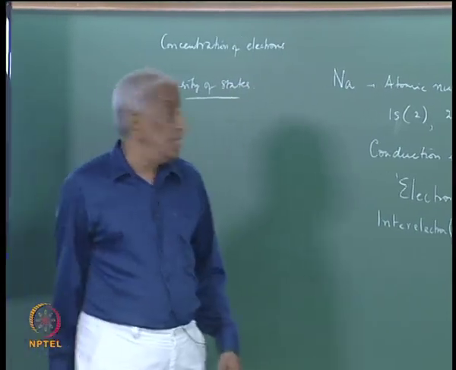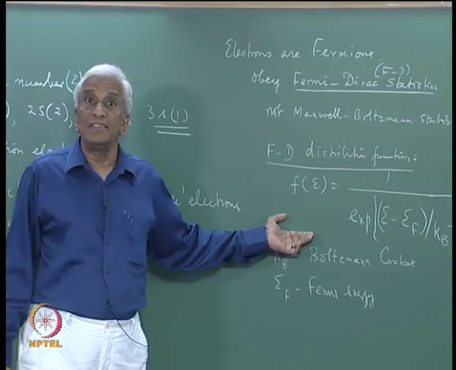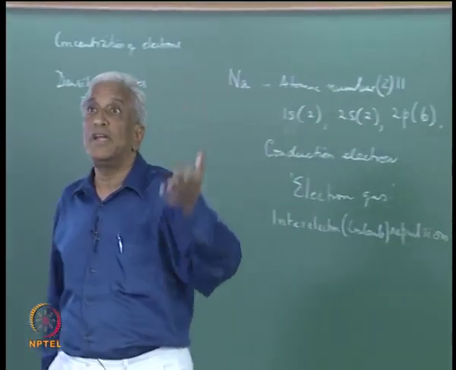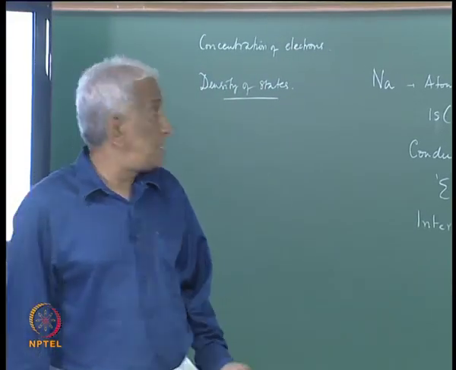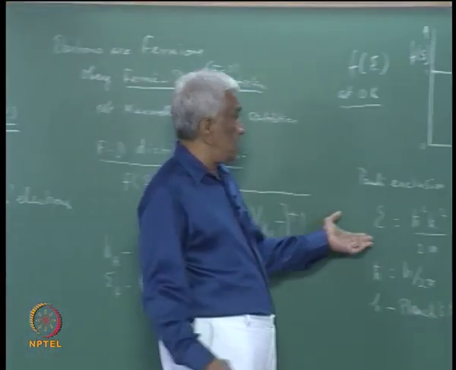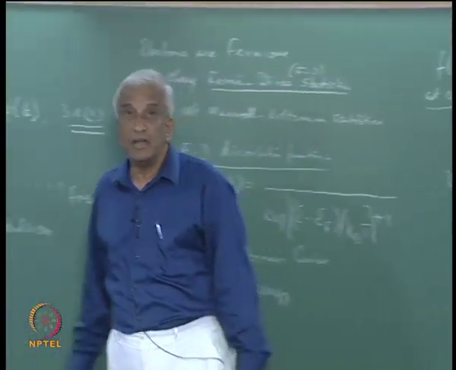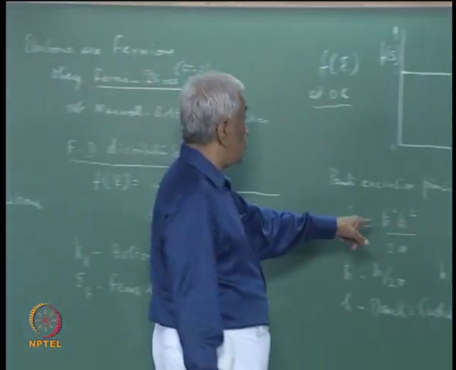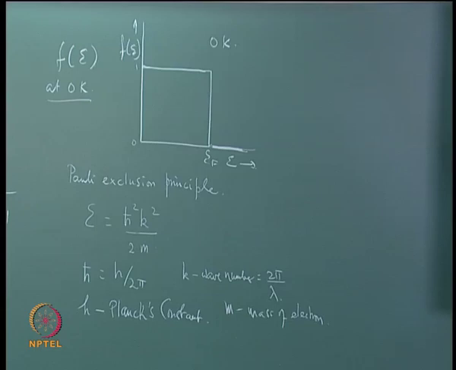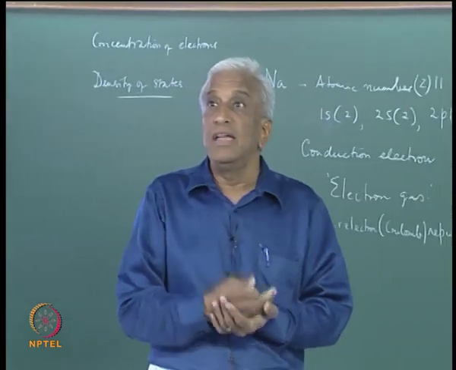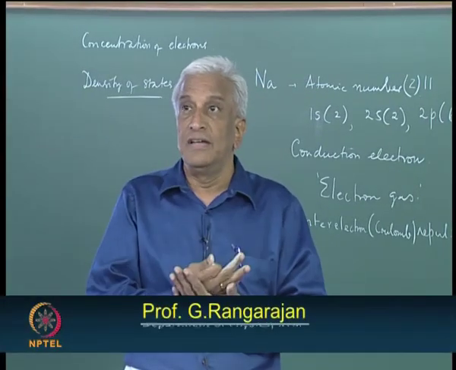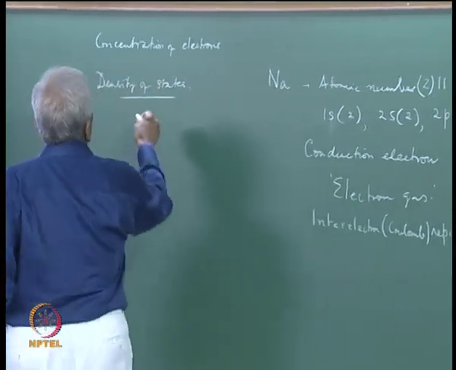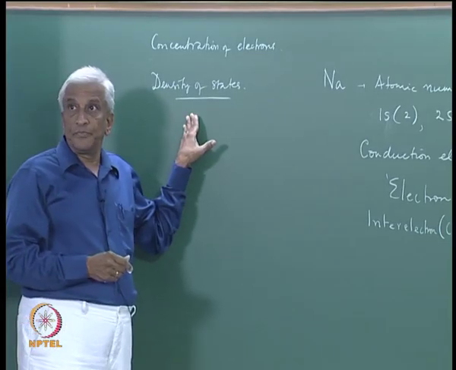This is because the distribution function tells us how the electrons are distributed in energy, but as you can see from this equation connecting the energy and the wave number, it is the wave number which decides the electron state. So, we also want to know how the conduction electrons are distributed in different states corresponding to a given energy. This is given by what is known as the density of states.